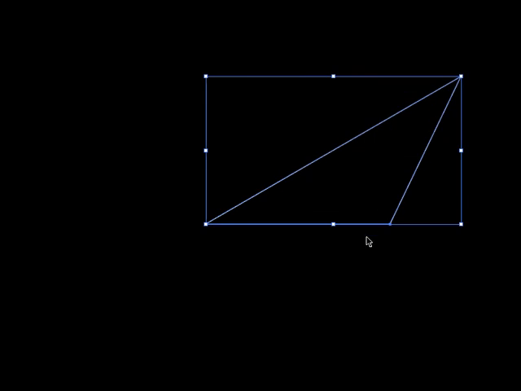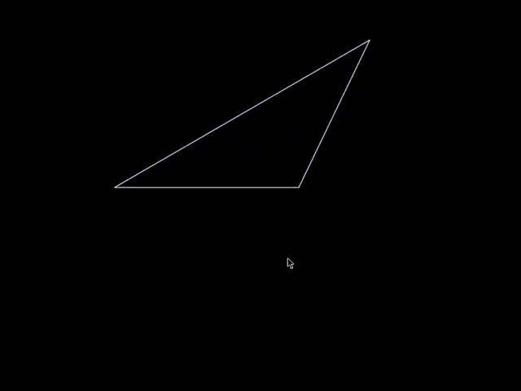Look at this. Here we go. Now look, this triangle right here has a couple of acute angles in it, doesn't it? So is that an acute triangle? No, it's not an acute triangle because all three angles are not acute.